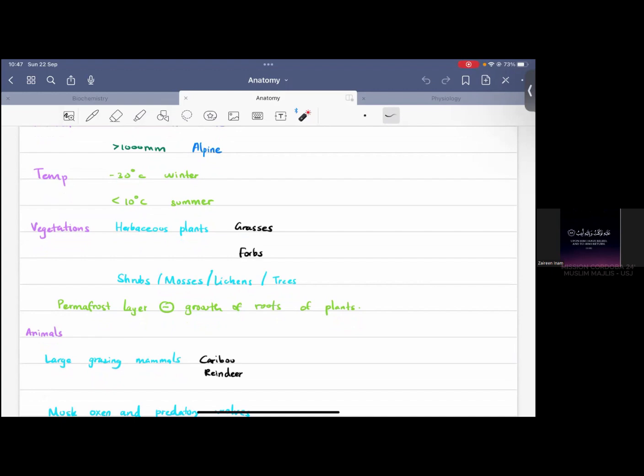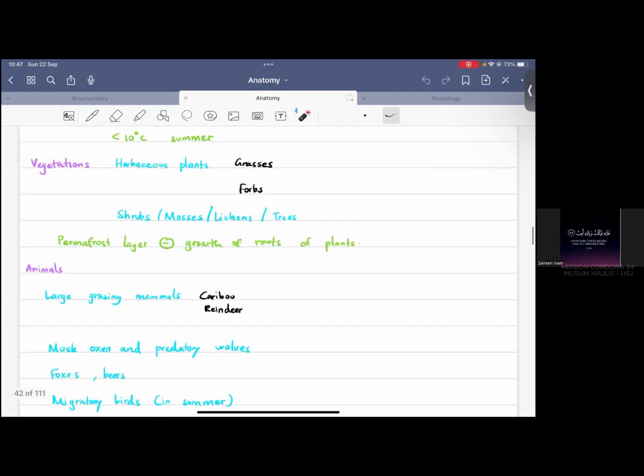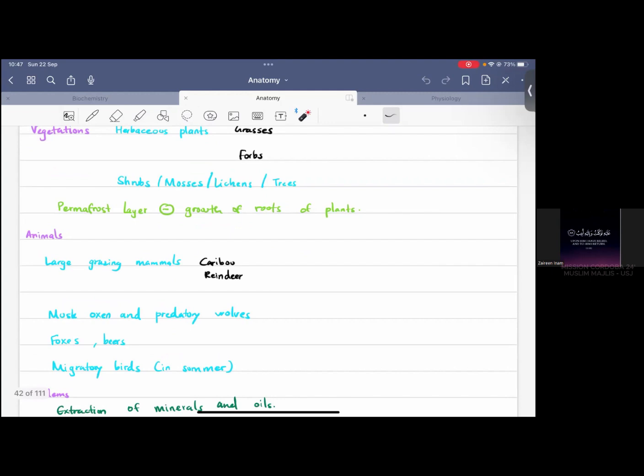And the permafrost layer, in the sense the frozen soil, will inhibit the growth of the roots of plants. Why? Because the soil is frozen, right? So the roots can't penetrate. That is one reason. And what are the animals you have here? Large grazing animals like caribou and reindeer. You have to remember these names.